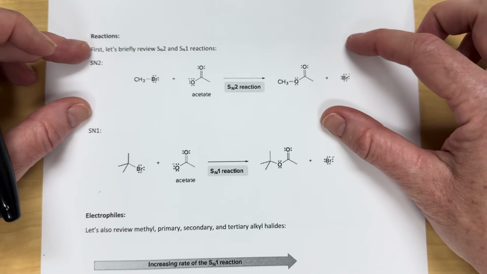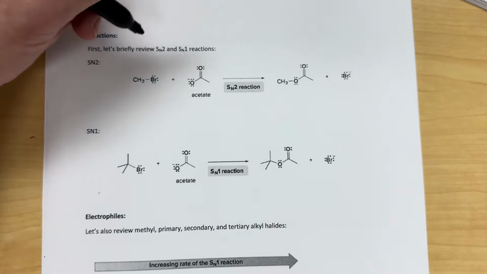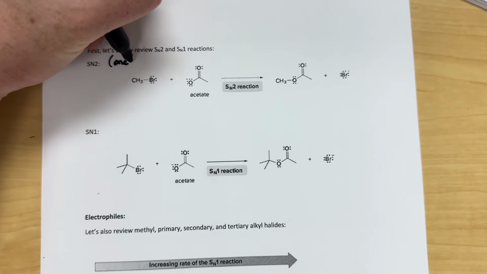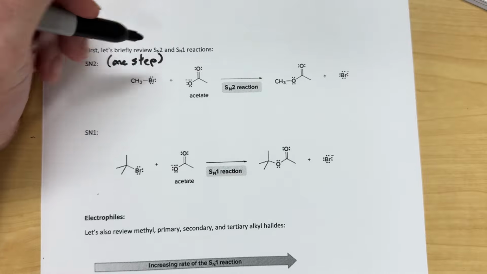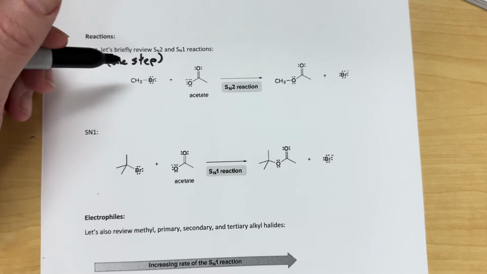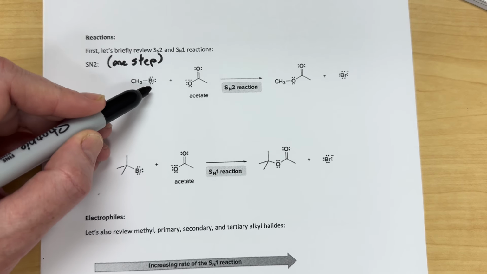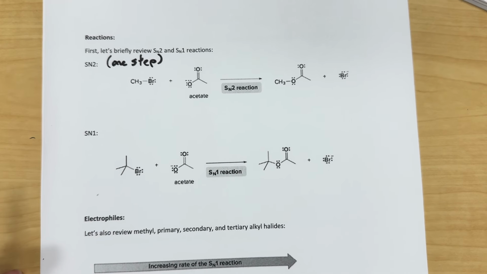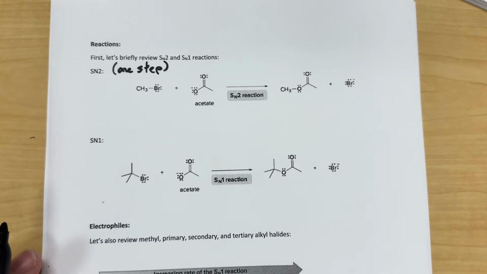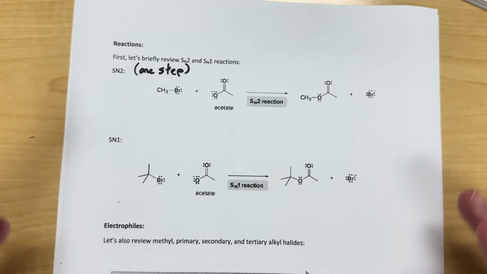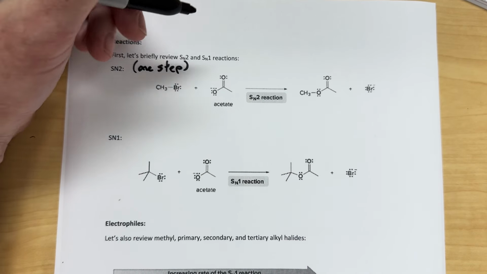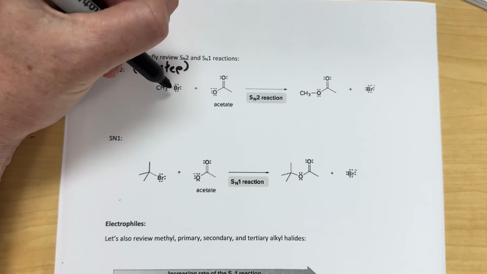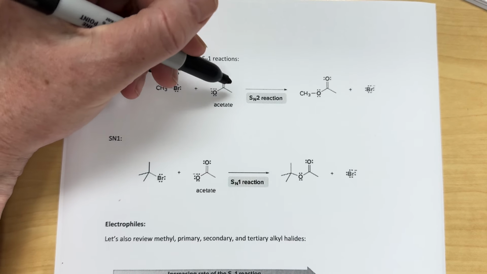So in an SN2 reaction, it's a one-step reaction, right? Happens in a single step. And in that single step, you're going to have some kind of substrate that's going to have a leaving group. So bromine is going to be the leaving group, and we should have this down from other lectures already. This is just more to really condense it once you have a basic idea of how things work. So we have a leaving group here, and this is going to be our nucleophile.